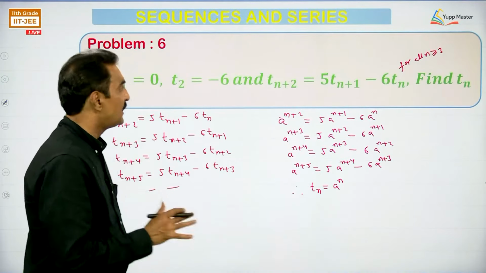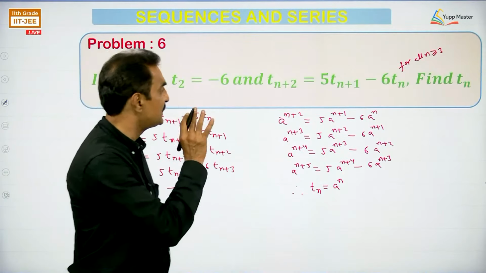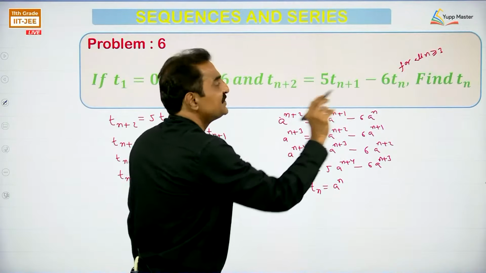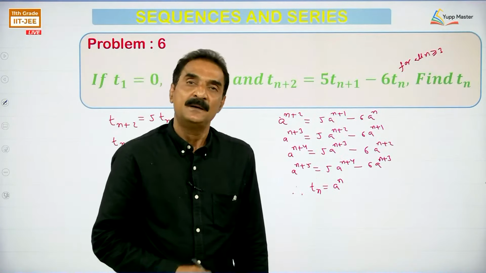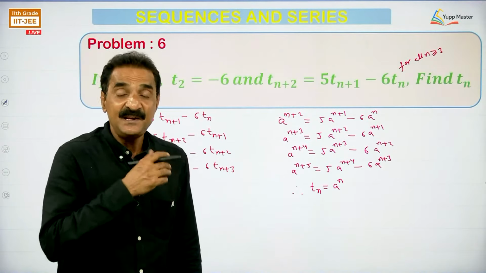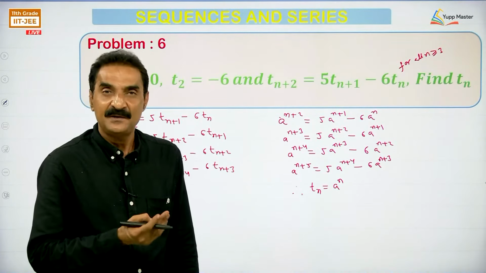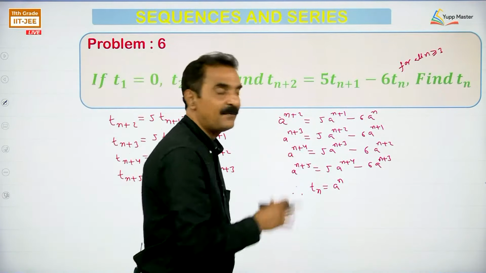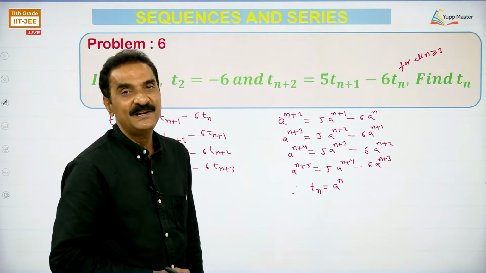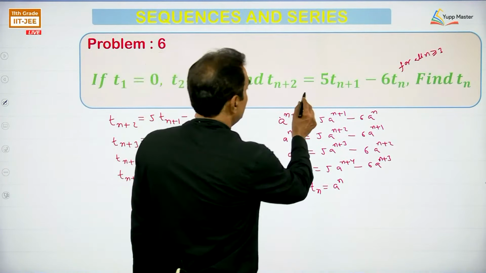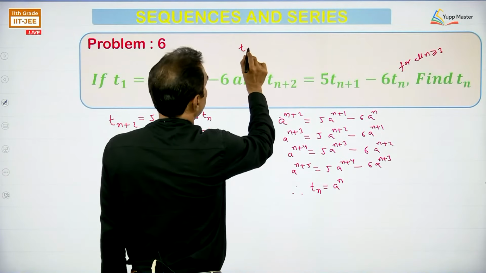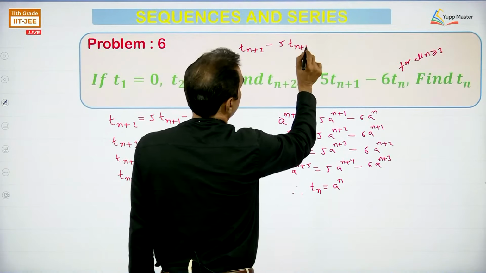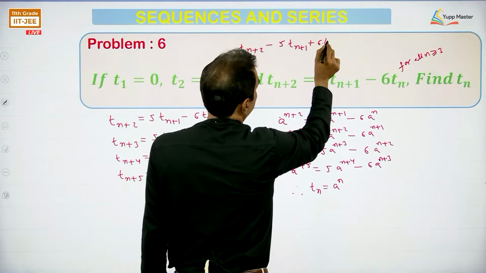Now, in this connection, I would like to tell you one important general point. Whenever the relation between three consecutive terms in a sequence is a linear relation in the three consecutive terms, then the nth term will be in the form of a power n. What is a linear relation? See, we can write this as Tn plus 2 minus 5Tn plus 1 plus 6Tn is equal to 0.